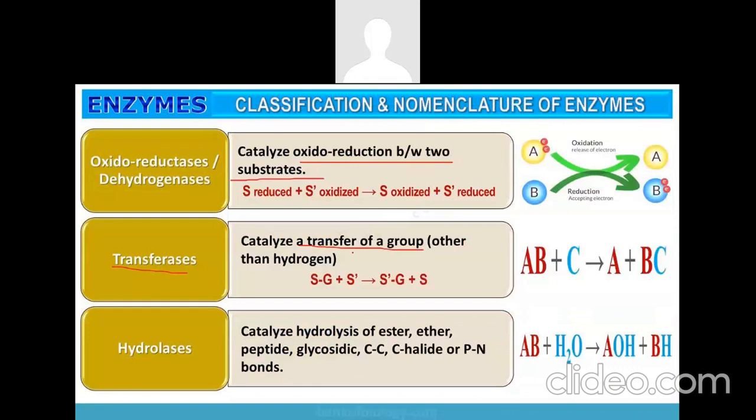How are the enzymes classified? The enzymes are classified on the basis of what functions they perform on the binding areas or the binding molecules. Oxidoreductases, dehydrogenases, transferases, hydrolases, lyases, isomerases, and ligases.